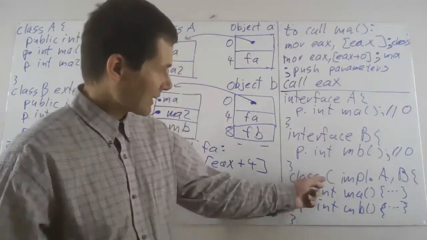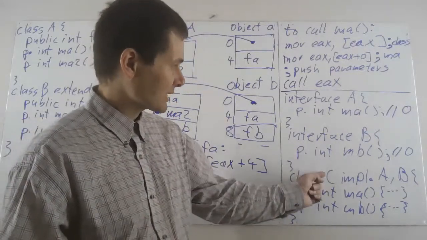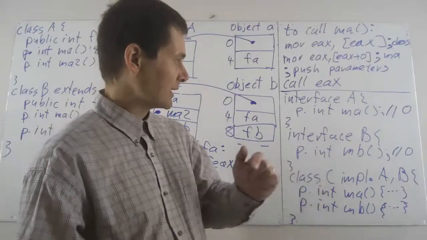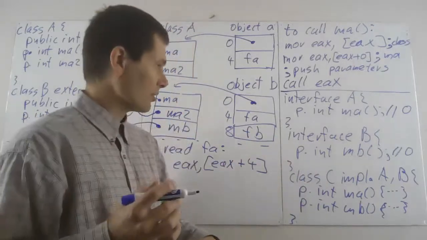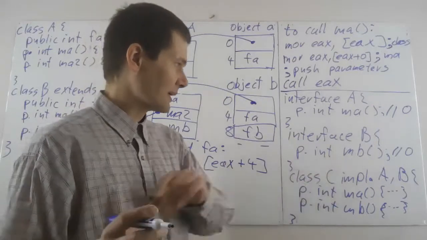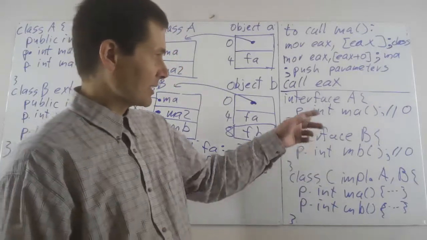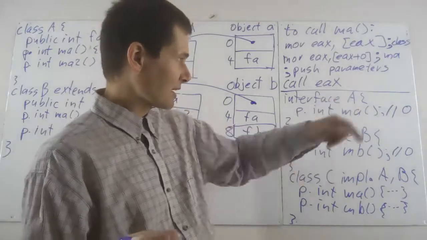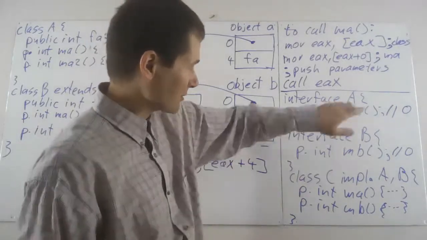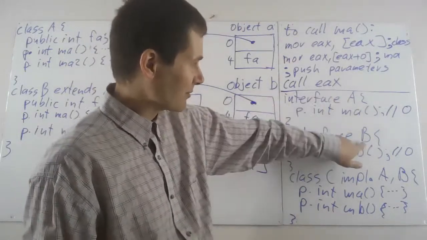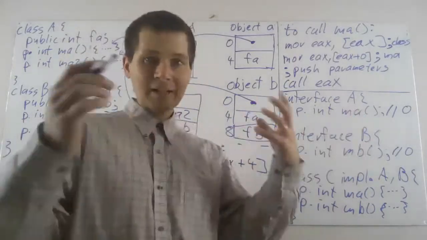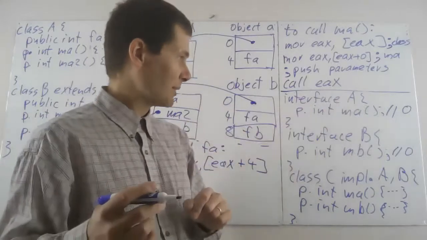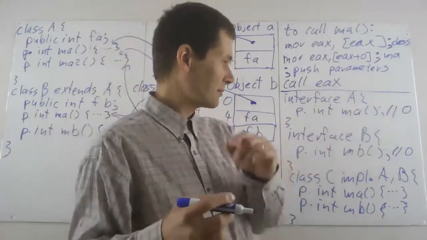Well, I can create an object of class C, and then I can pass it around to somewhere in the code that has no idea that class C even exists. It just treats it statically as a value of either type A or type B, and then it can call method MA on a value that's statically of type A, and it has to be able to find it by its offset.